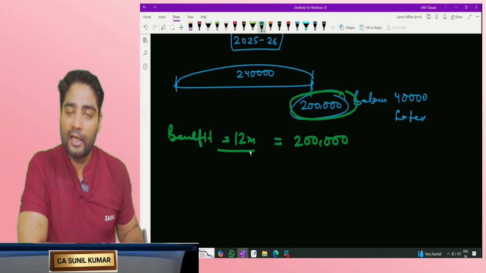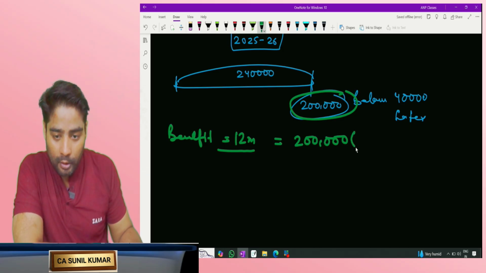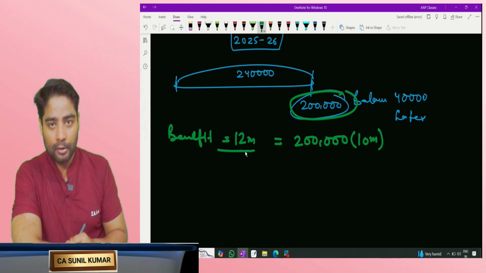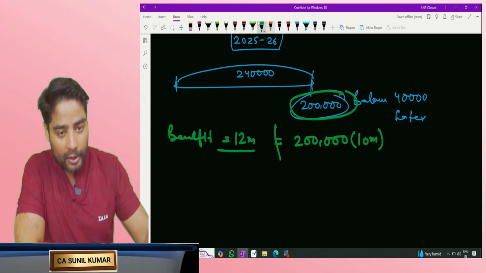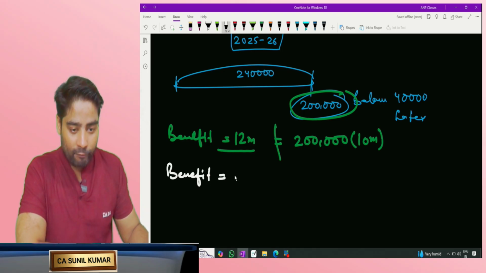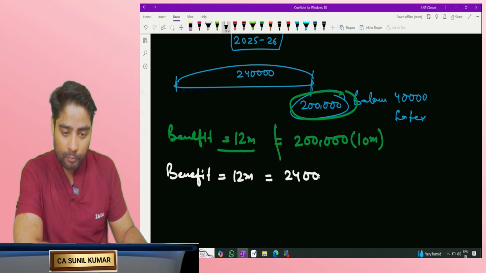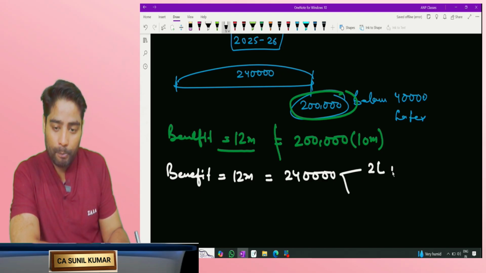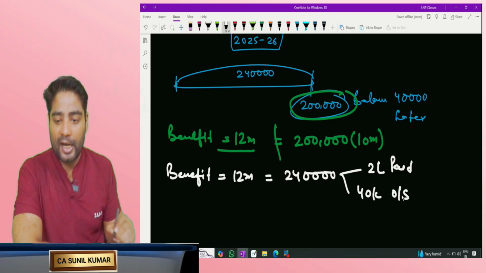The benefit I have taken is for 12 months, but the expense I have paid is for 10 months. Is this equation equal or not? No, sir. This equation is not equal. So now again, we should balance it. Sir, the rent for 12 months is 2,40,000. In this 2,40,000, 2 lakh have been paid and 40,000 is outstanding.